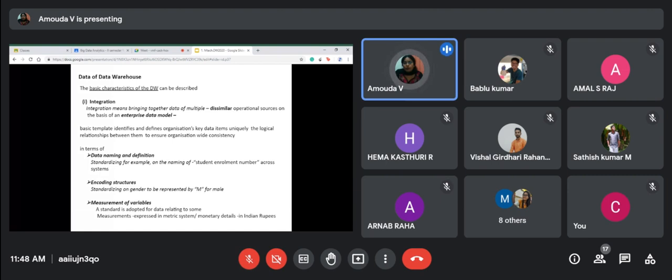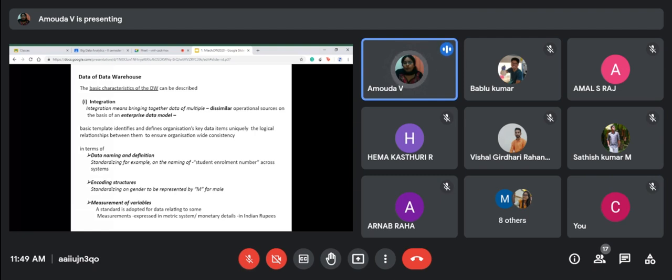Then encoding structure. Encoding structure is standardizing on gender too. Some of the people may use in the database male or M for male, F for female. That should be standardized. We have to have the same format.